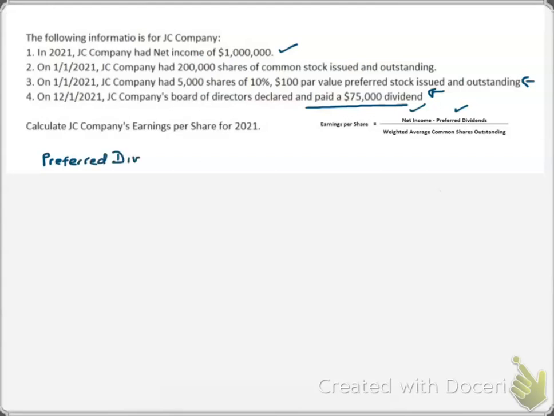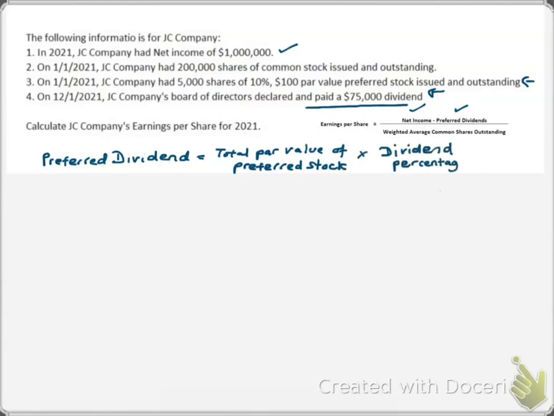When you're calculating preferred dividends, your formula is you take your total par value of preferred stock and multiply it by the dividend percentage. The total par value of preferred stock is given in item 3. So they said they had 5,000 shares and each share had a $100 par value. So to calculate the total par value, you multiply 5,000 times $100.